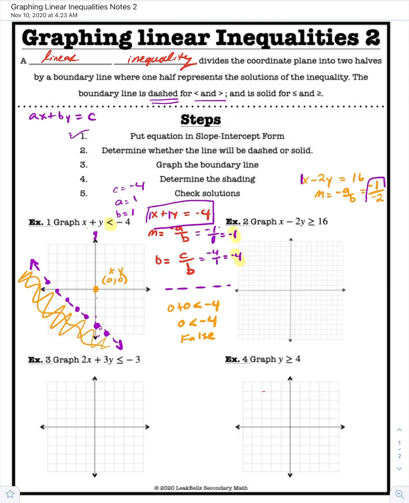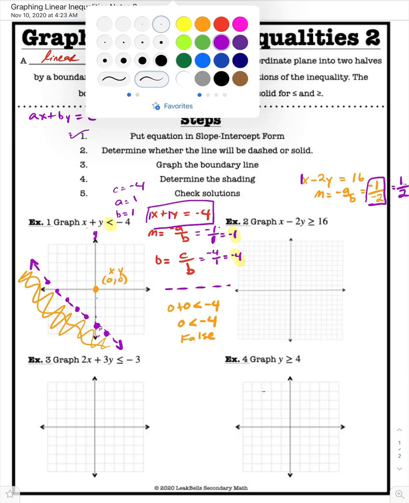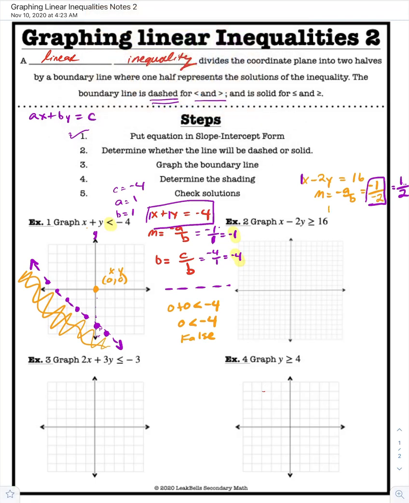All right, that's our slope. Of course, we don't want a negative in the top and bottom when we can always just write 1 over 2. All right, our y-intercept is c over b. So that's 16 divided by negative 2, which is negative 8.